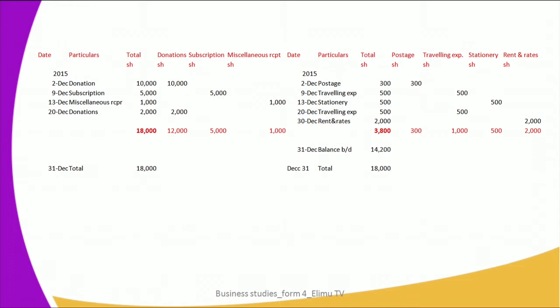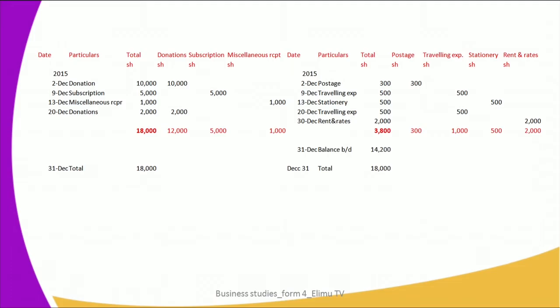The most important thing to note in this case is that we subdivide the analysis cash book into two. On one side, we have the revenues, that is on the left hand side. Then on the right hand side, you have the expenses, and remember, you are preparing a column for each expense. So we cannot say that we have an exact number of columns.